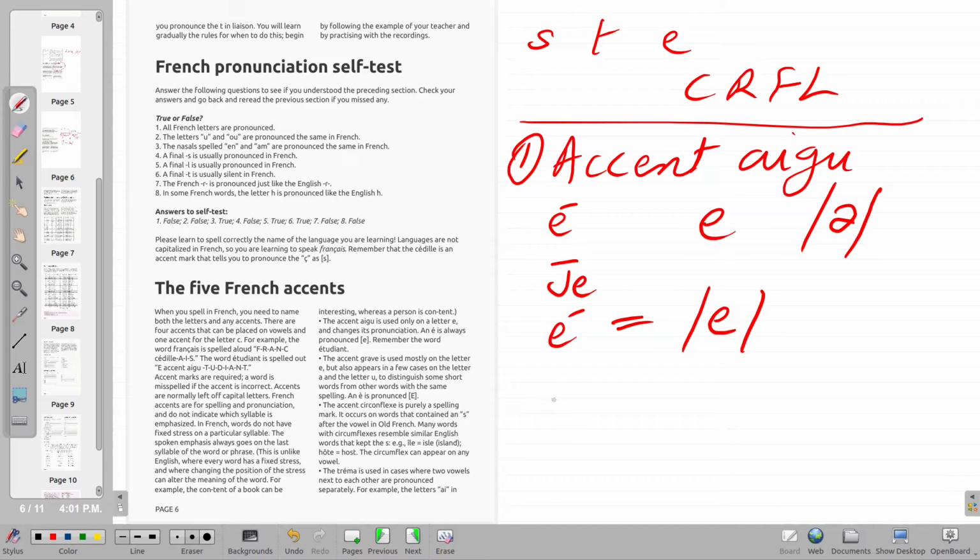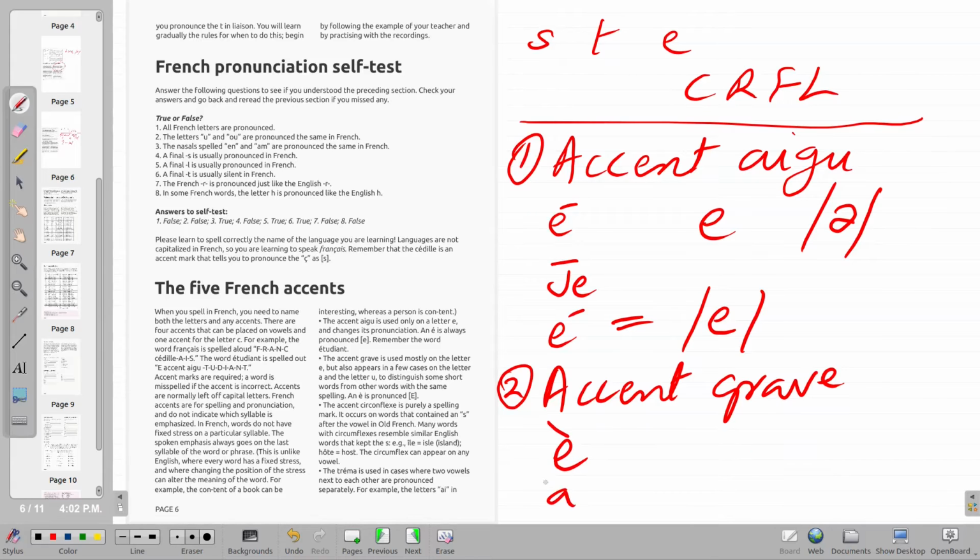The next one is accent grave. So number 2, I'm just going to take both accent aigu and accent grave together. Accent grave, which is grave accent, is placed on an E. It can also go on an A. So grave accent goes this way, whereas acute accent goes this way.